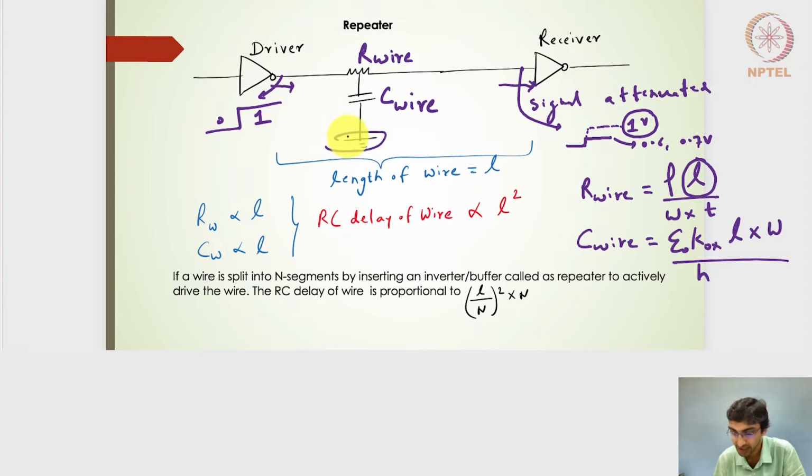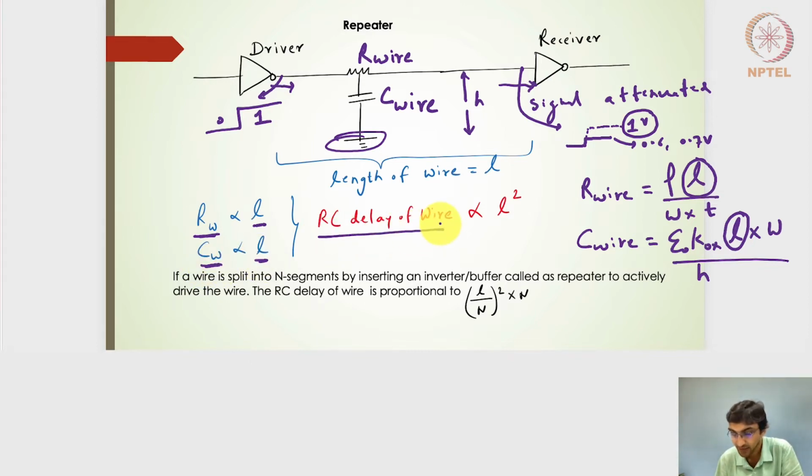If I consider this to be a ground plane, then whatever the spacing is between this long wire and the ground plane will give me the capacitance. So the capacitance is also defined by the length of the wire. So if I am going to evaluate the overall RC delay of the wire, R wire is directly proportional to L, and C wire is directly proportional to L.